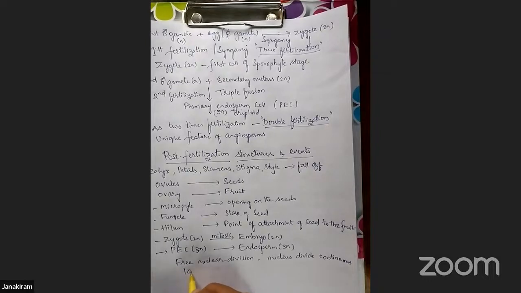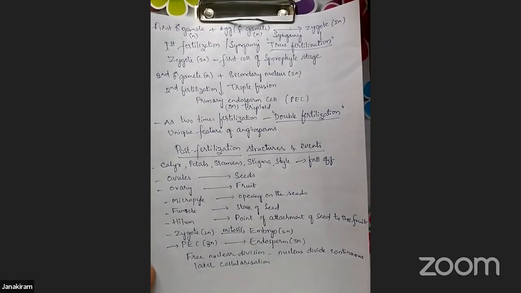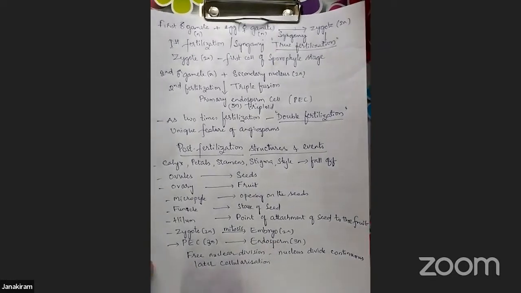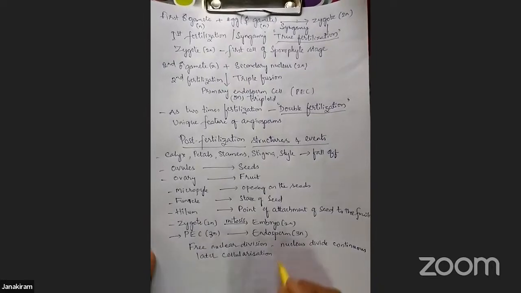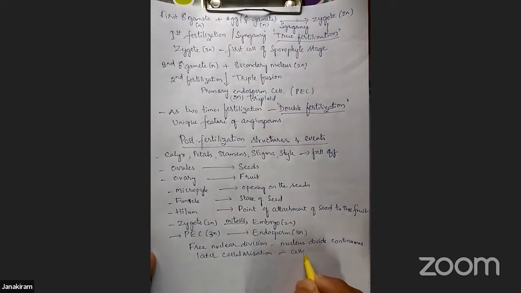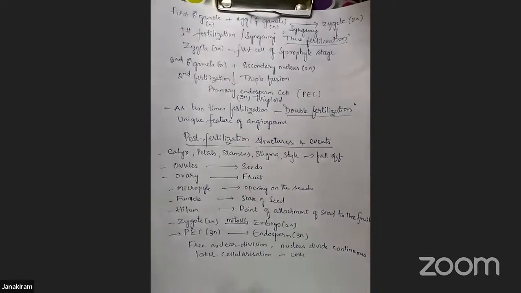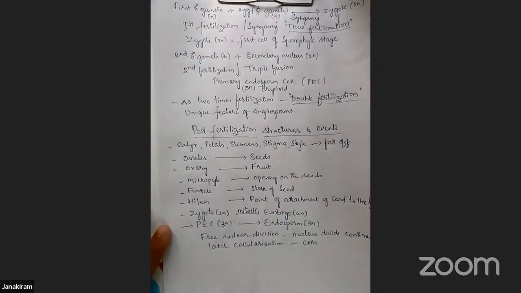And later, after some time, cellularization will take place. Cellularization means each nucleus accumulates some cytoplasm and also a cell wall around it, leading to the formation of cells.